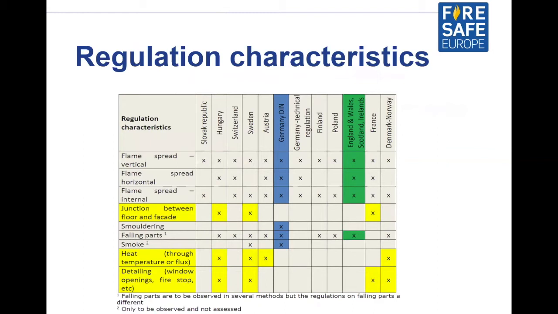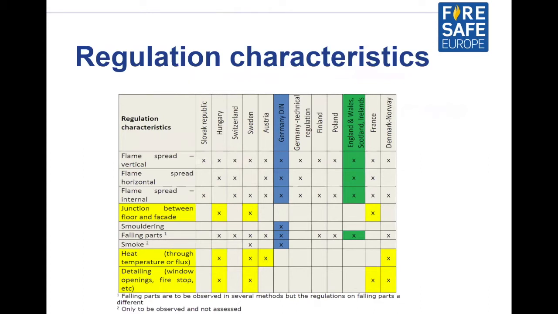It has been discussed also whether smoke should be assessed with this method. And we can see that 2 countries have something in the regulation about smoke, but they are only stating that the smoke shall be observed, but they do not have any requirements for assessing smoke production in the facade tests.